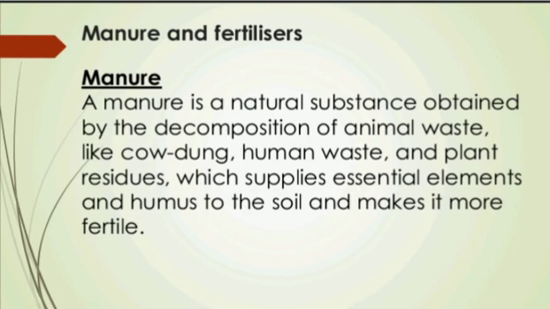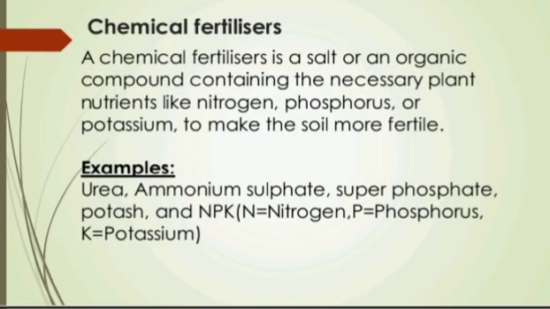So now we will discuss about chemical fertilizer. Now, what are chemical fertilizers? A chemical fertilizer is a salt or an organic compound containing the necessary plant nutrients like nitrogen, phosphorus or potassium to make the soil more fertile.